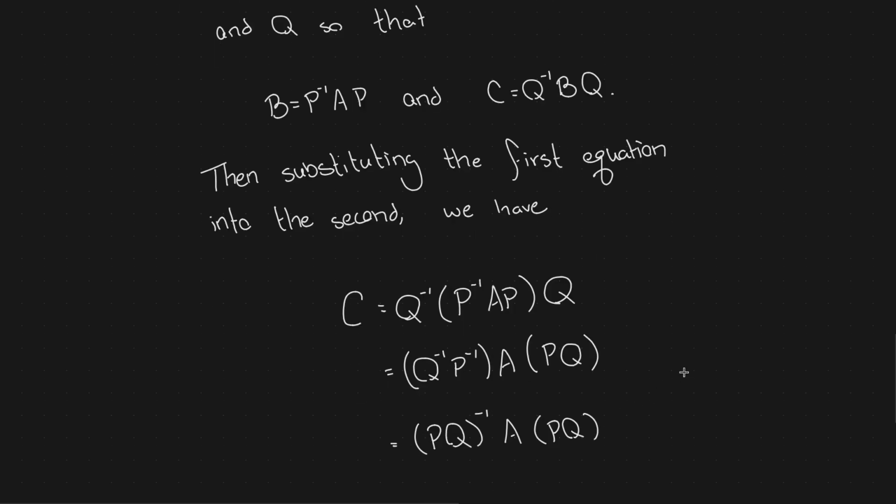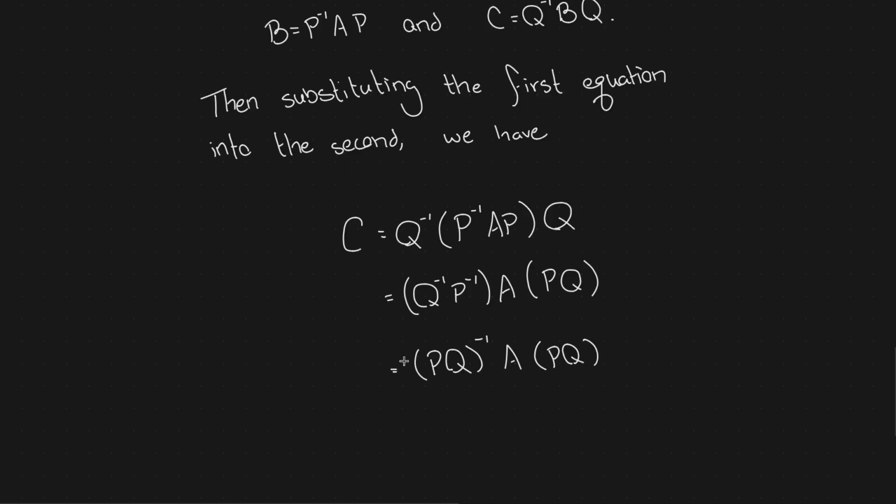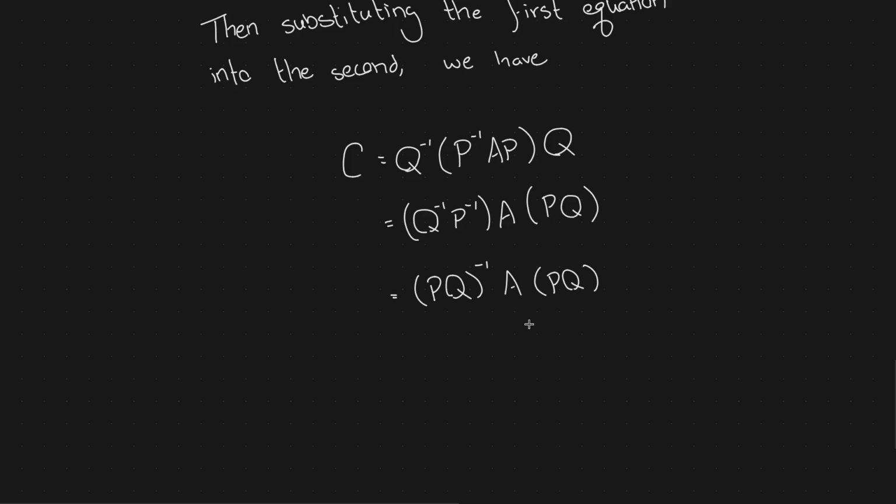You put on socks and then put on shoes. To take them off, you have to first take off your shoes and then take off your socks. Okay, so notice we've actually gotten to where we want to go. To say C is similar to A, then that means C is equal to the inverse of some matrix times A times the matrix.